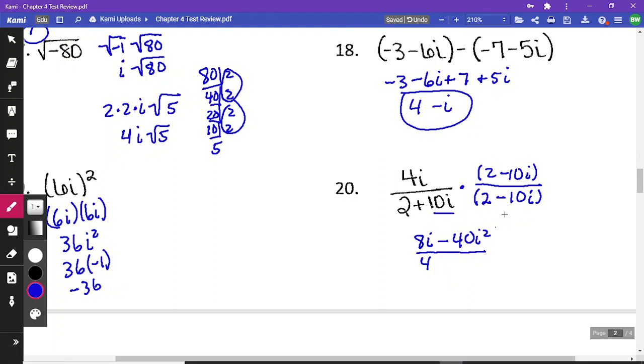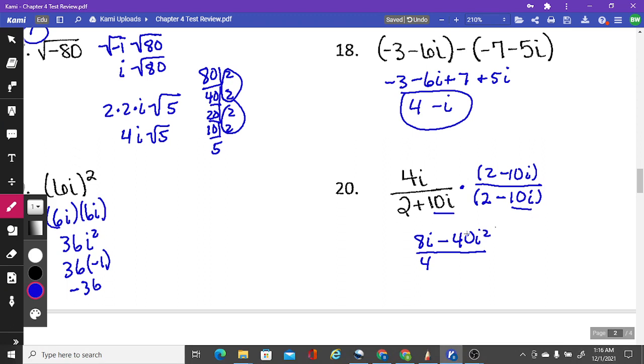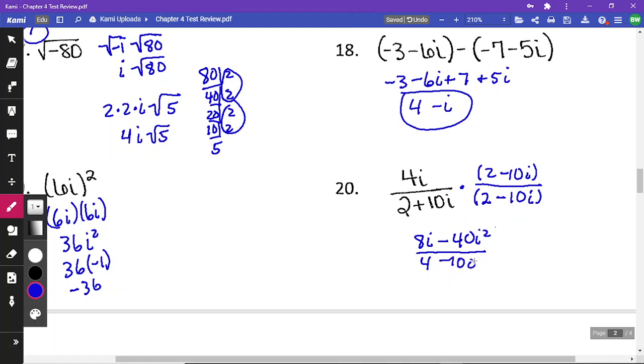And then you take the 10i times negative 10i. That is negative 100 i squared. And I'm going to get rid of my underlines though first. Negative 100 i squared. And we're not going to leave i squared in there, so that numerator becomes 8i.